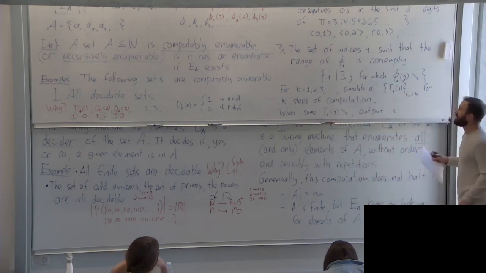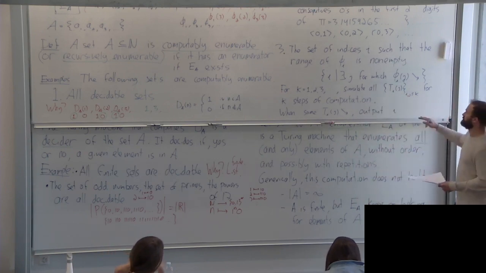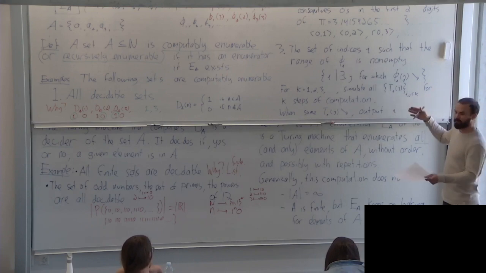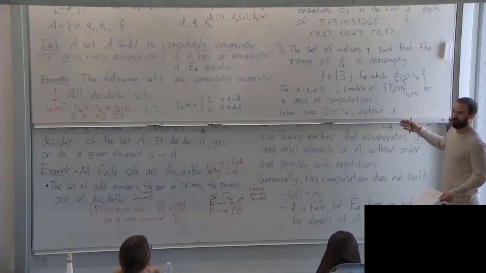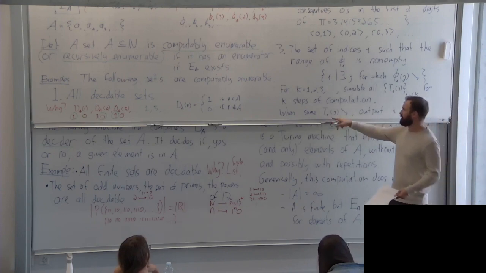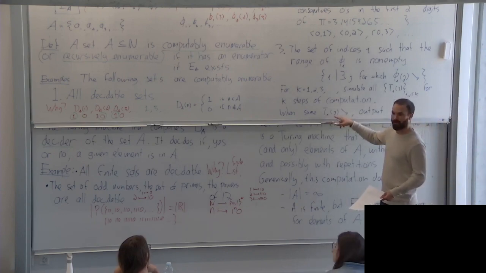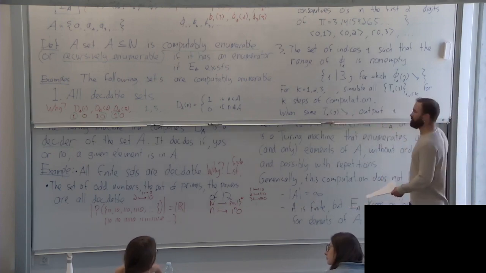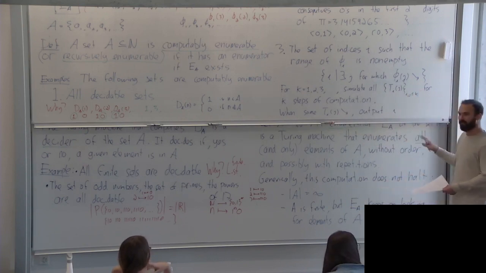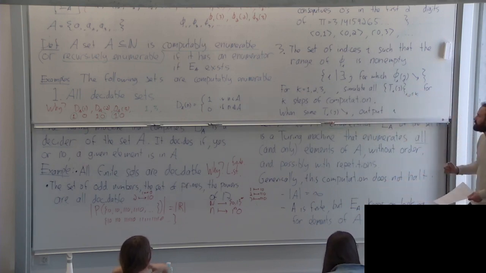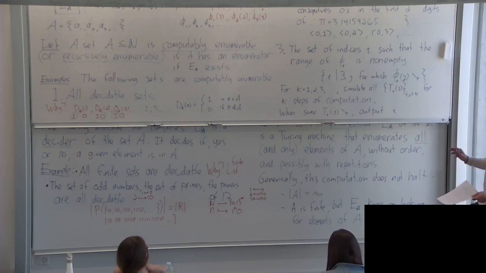If I happen to ignore that, I might re-output i if I realize that the Turing machine i also halts on j prime. I will re-output i, but that's fine. In my definition of what an enumerator is, I don't mind if i is repeated. That's it. It's a simple idea. Now it's worth verifying it works.